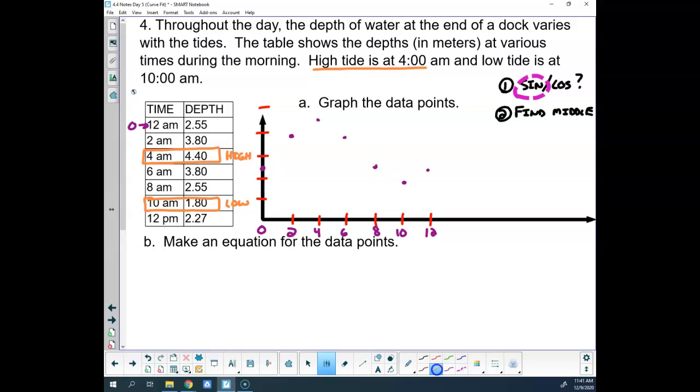So what's the average of those two? 4.4 plus 1.8 is 6.2, divided by 2, right? So that's 3.1. And that's going to be our D.